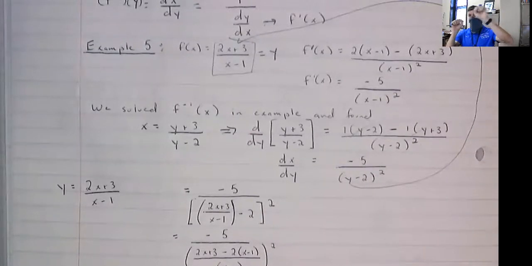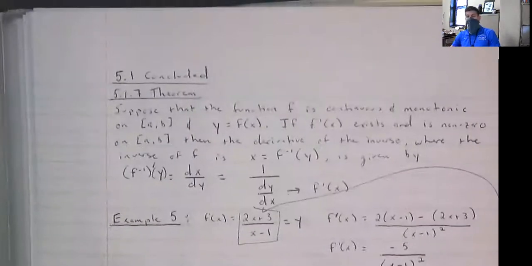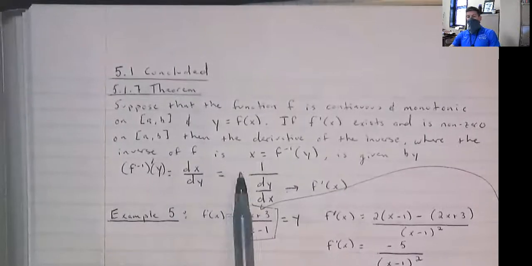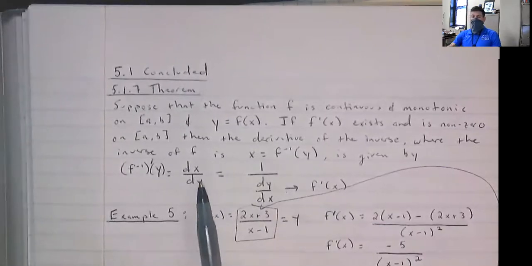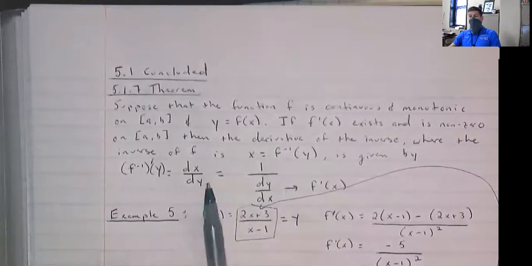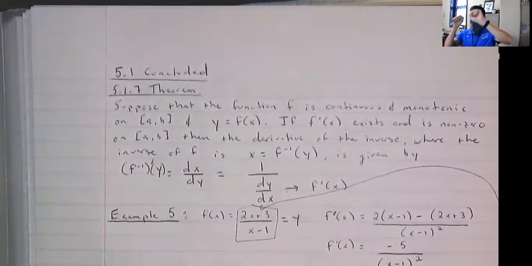This relationship allows us to say, if I know the derivative at a specific point on f, I can find the derivative at an equally specific point on its inverse. But there's a direct relationship between what points those are: domain range, range domain.